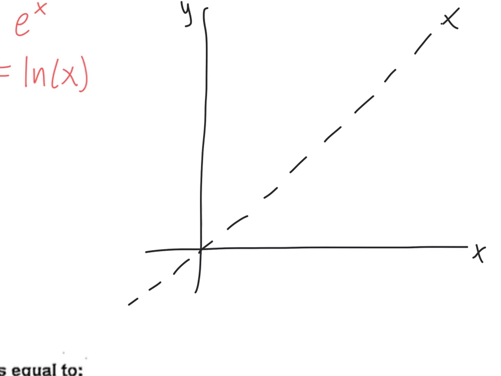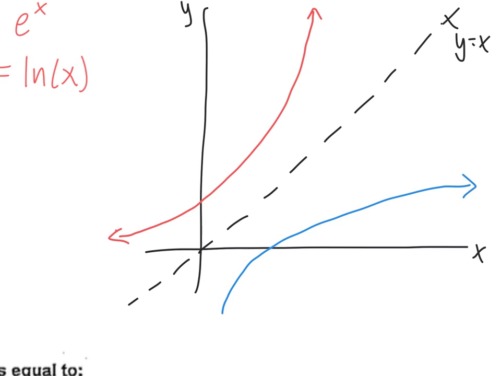Then I'm going to draw the function e to the x, like this, and then its inverse function, the natural log function, like this. I like to use these examples because it's the easiest way to explain this.